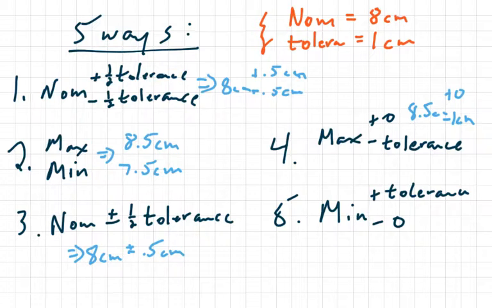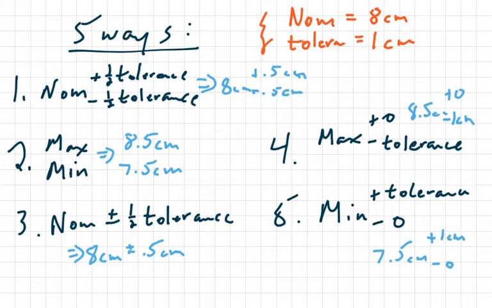So that's another way. Maybe it's the other way, minimum. So 7.5 centimeters minus 0, saying you can't go any more down, but plus your 1 centimeter. So there's 5 different ways that you might see these things written out.